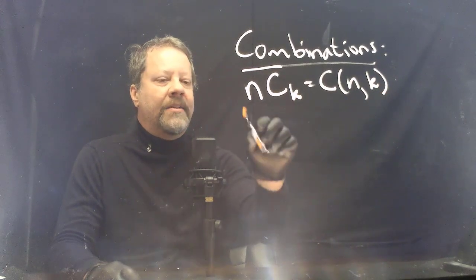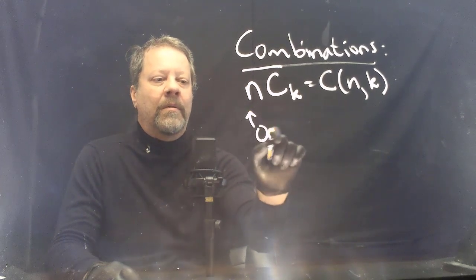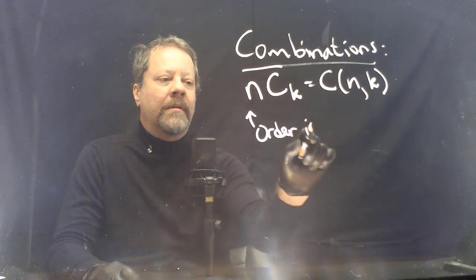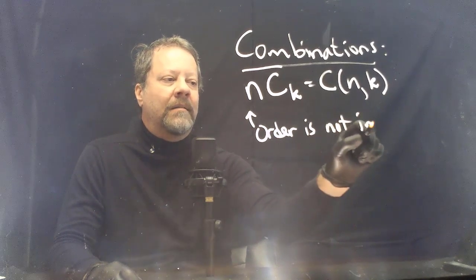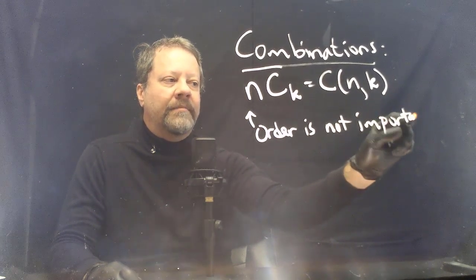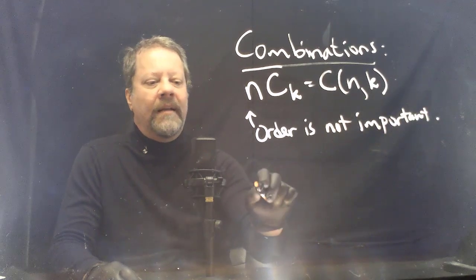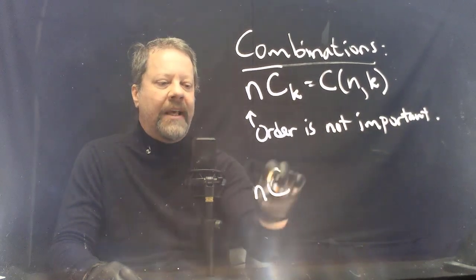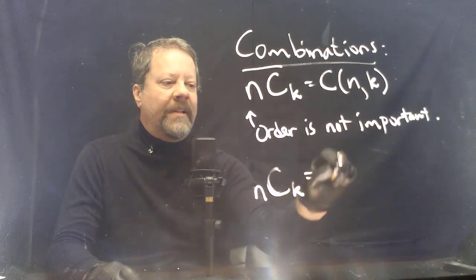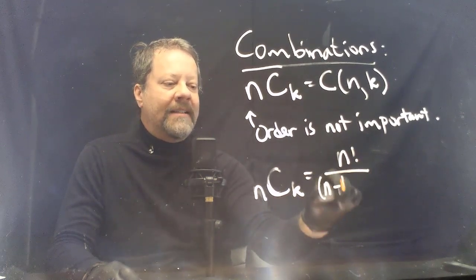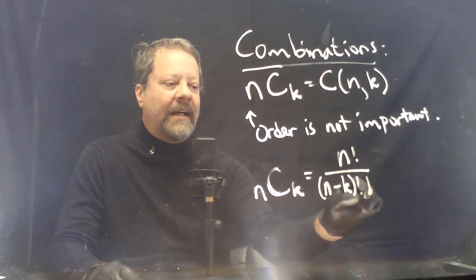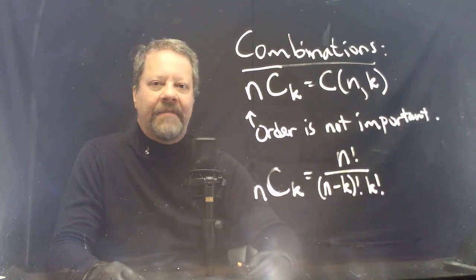And this is going to be where order, the rearrangements, is not important. And it turns out n choose k has the formula n factorial over n minus k factorial times k factorial.